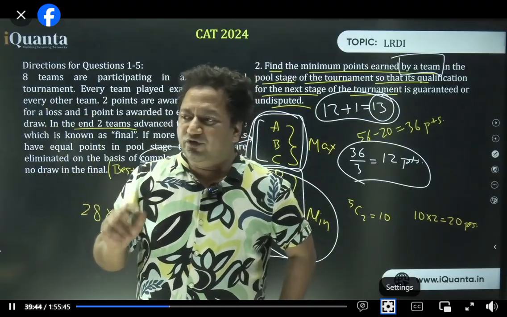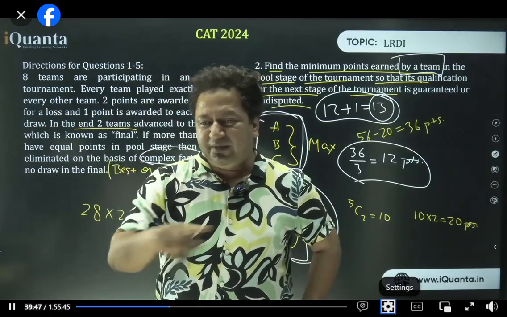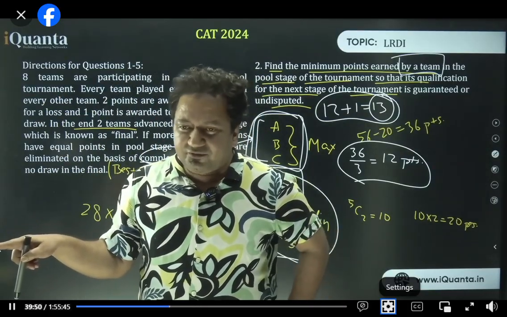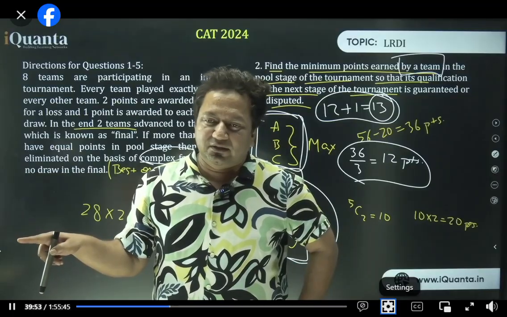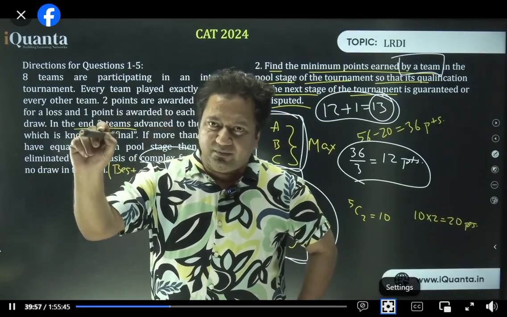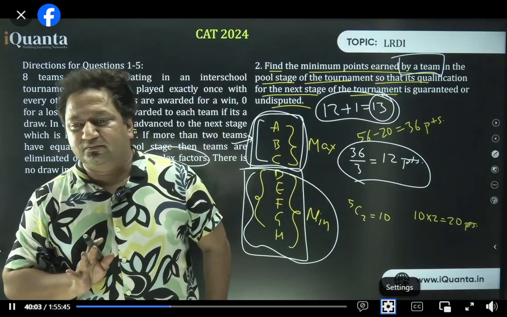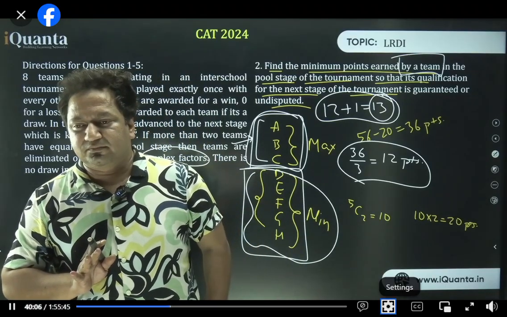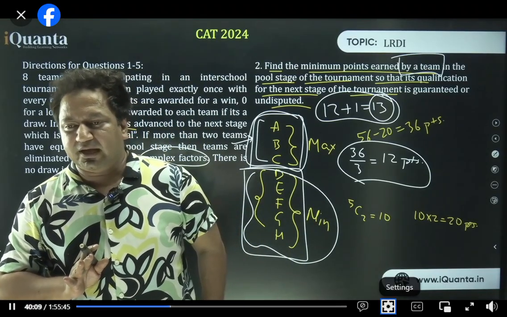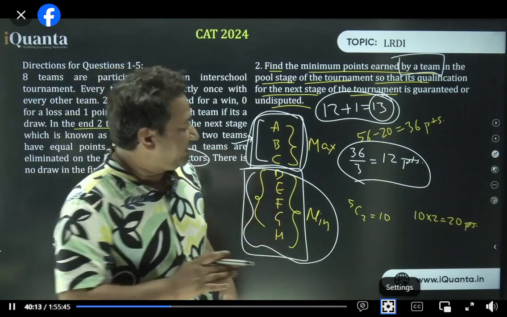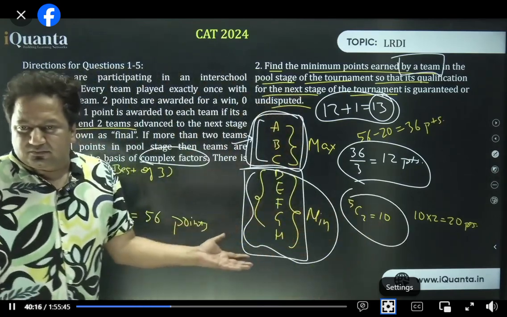So if you maximize only one team and minimize others, you're not taking the worst possible condition. The top one will get the minimum if the bottom ones get the maximum. Understood? Okay, Aryan, if we have 5 teams, there'll be 10 matches only because of 5C2.